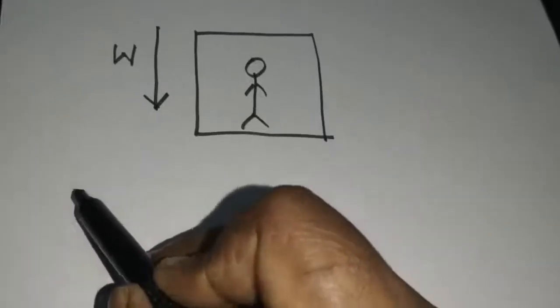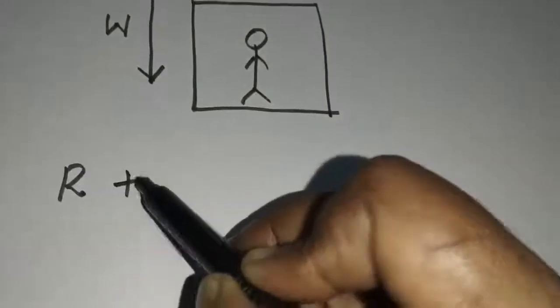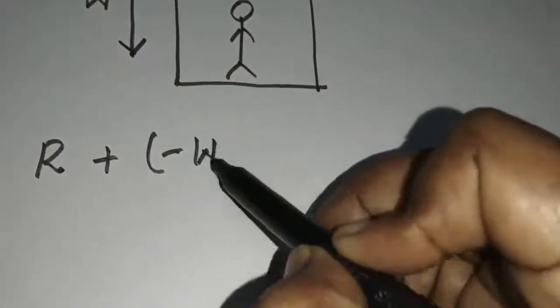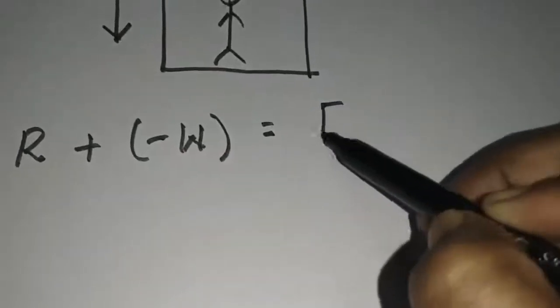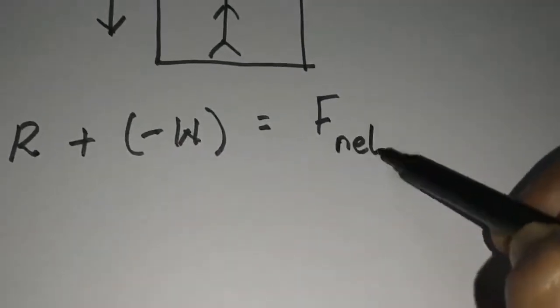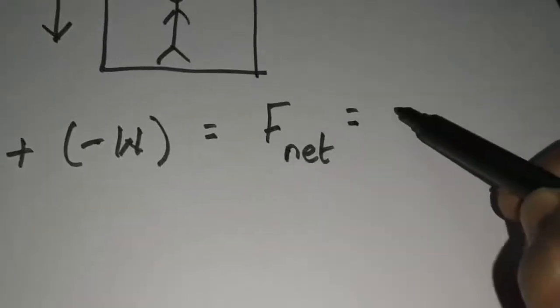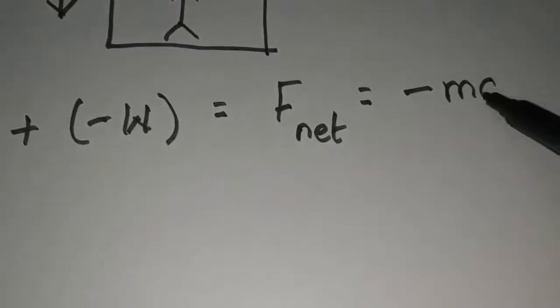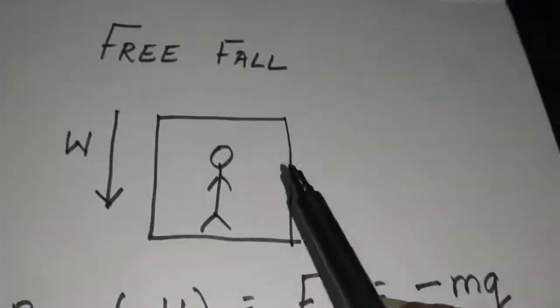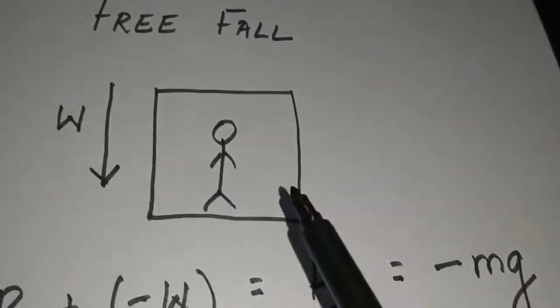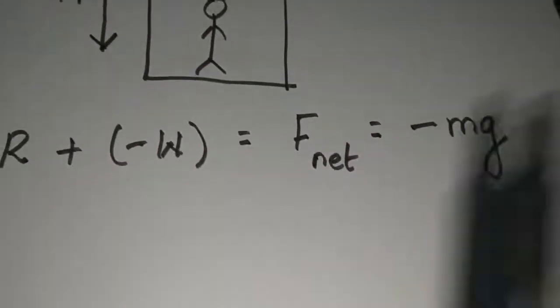So R minus W equal to F net equal to minus m into g, because here the lift is falling freely with acceleration due to gravity.